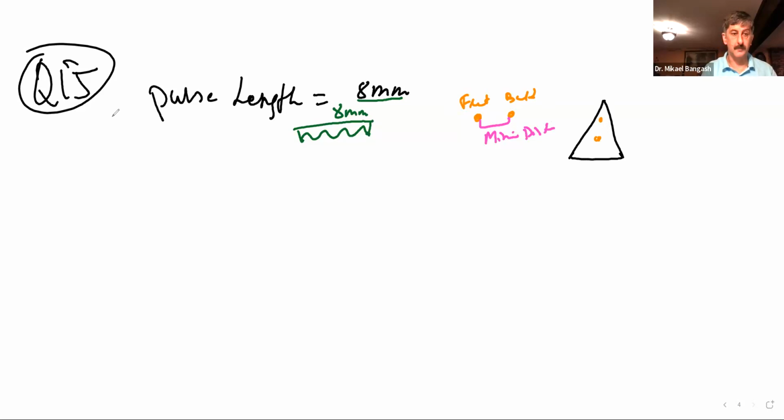Since the unit of distance is used, this here is the spatial pulse length. So we just divide that by 2. Our answer is that we need at least a distance of 4 millimeters between these two structures for them to be shown as 2 separate echoes on the image.